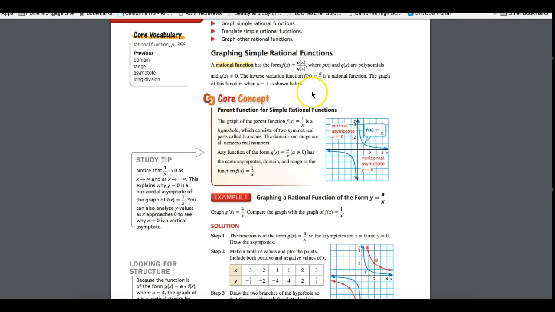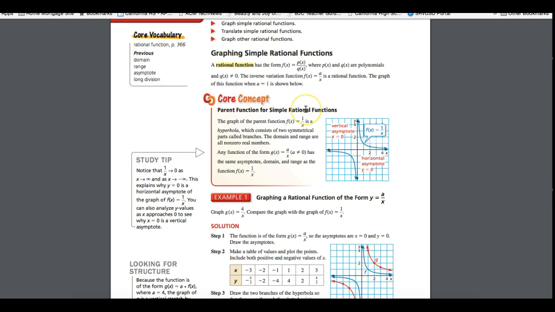We talked about inverse and direct variation problems in the first section. If you look at our inverse variation function, a over x, that is a rational function. Our numerator is just a constant, and our denominator is just the function x. So it's still a fraction of two functions, just a constant on top and a variable on bottom.